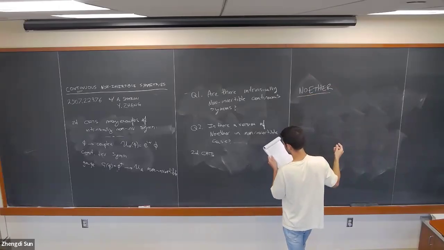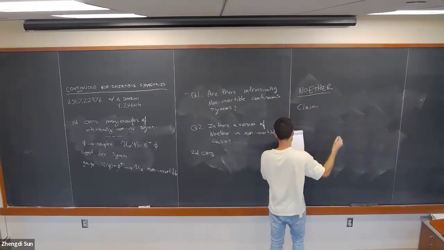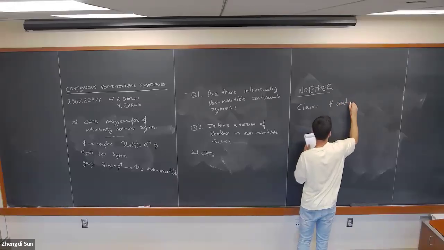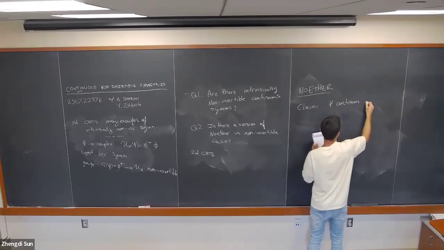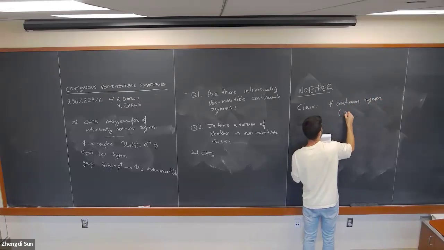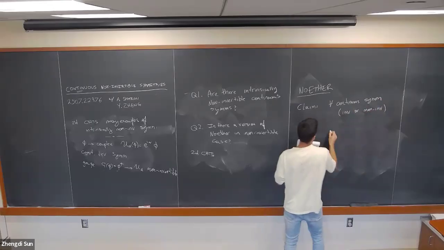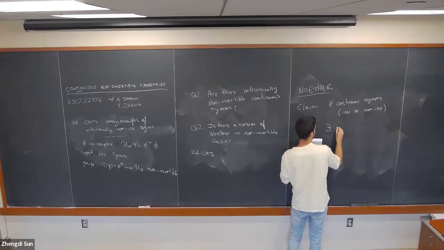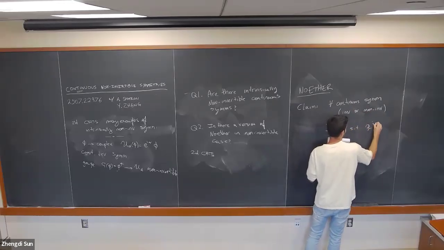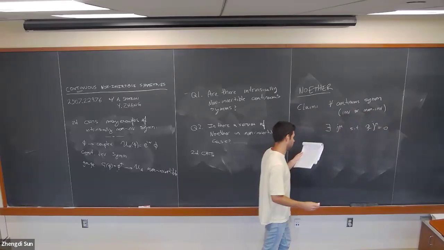So the claim is that for every continuous symmetry, whether invertible or otherwise, there is a current J nu such that, okay, for every continuous symmetry there is a conserved current and vice versa.